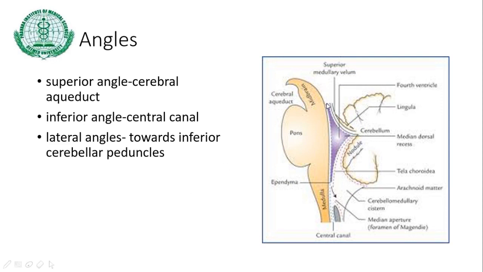The superior angle of the ventricle is continuous with the cerebral aqueduct, while the inferior angle is continuous with the central canal. The lateral angles extend towards the inferior cerebellar peduncles.